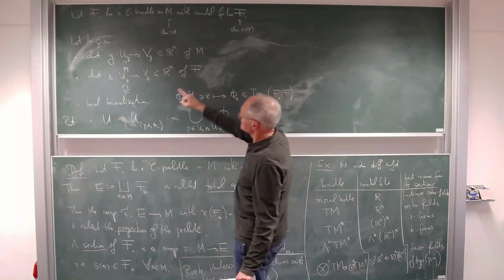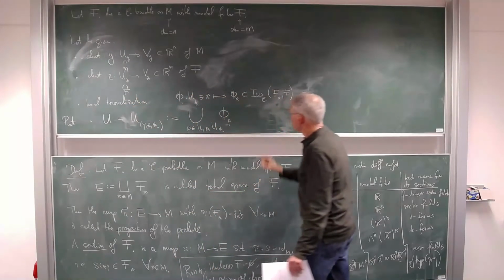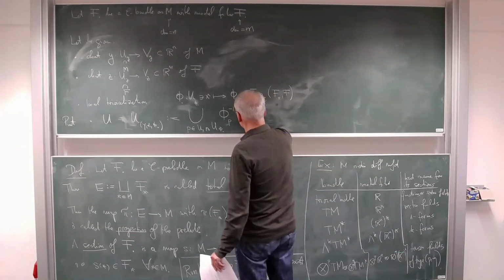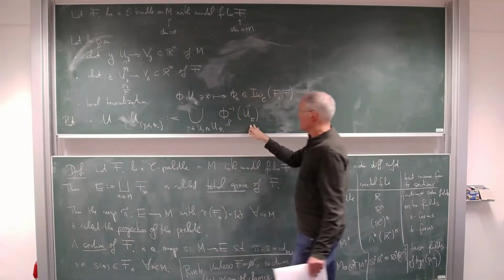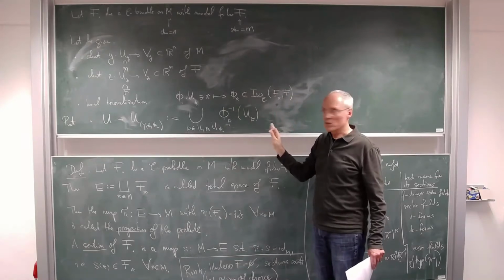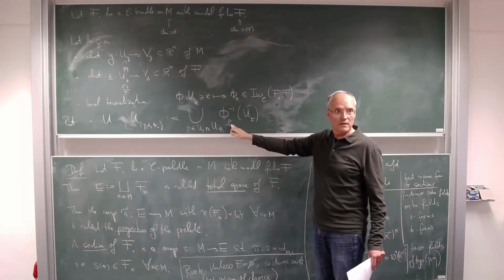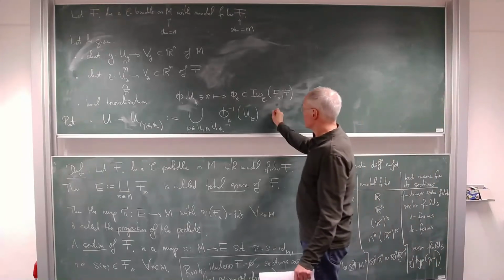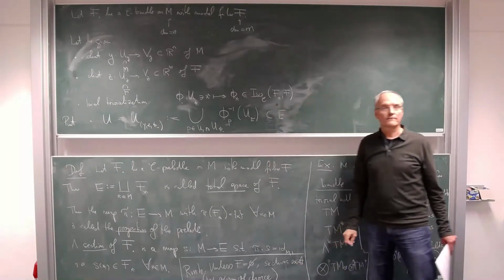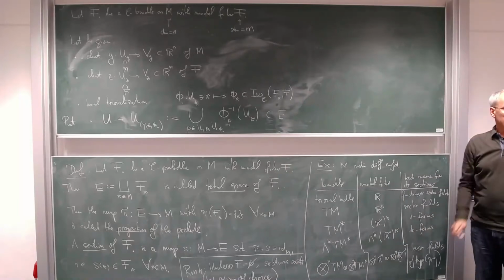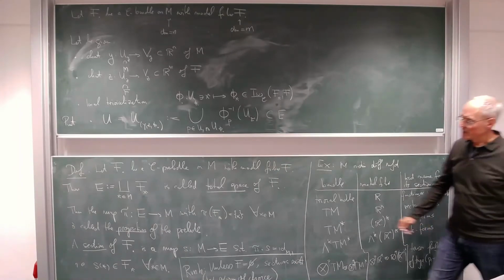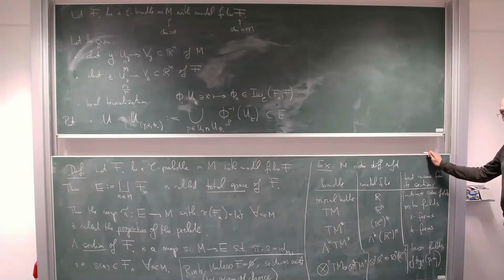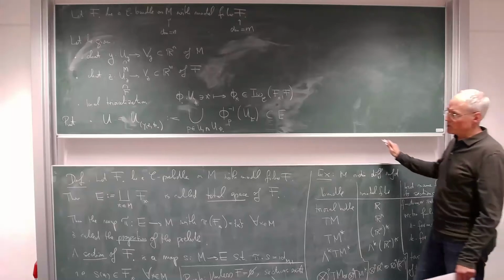I have an open subset U z in the model fiber also, so I can take the inverse of this U z under the trivialization. This gives me a subset in F p. And I take the union of all those. So this is a subset of E. It's a union of certain subsets of the F p's, where p runs through this subset of M. So that is the set on which my chart is going to be defined.